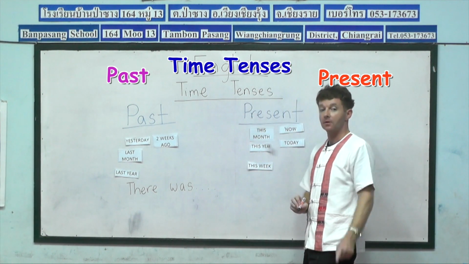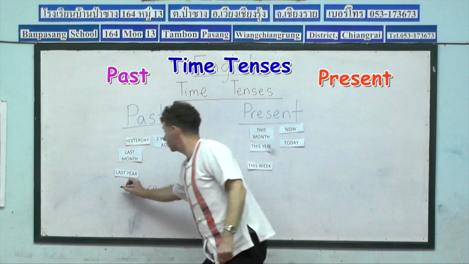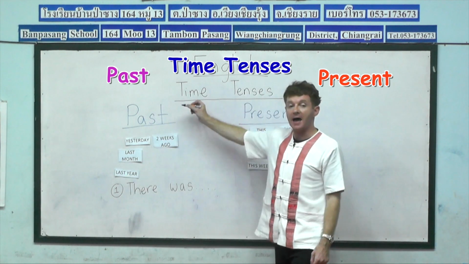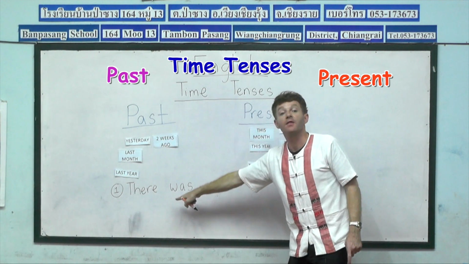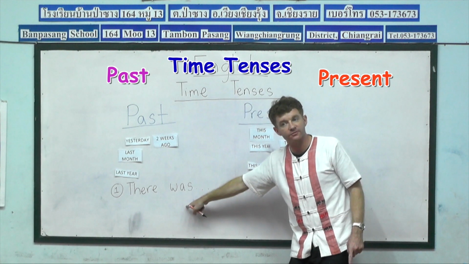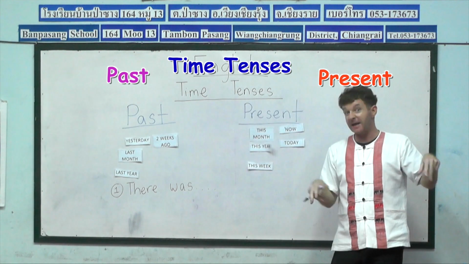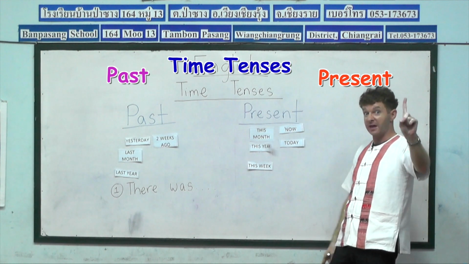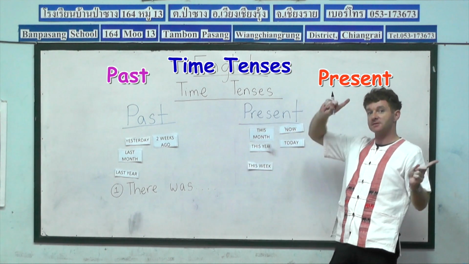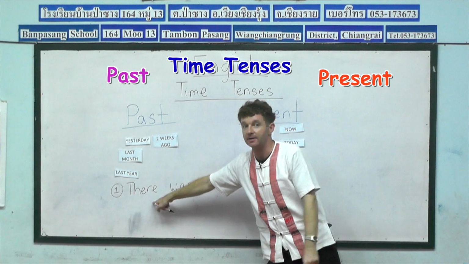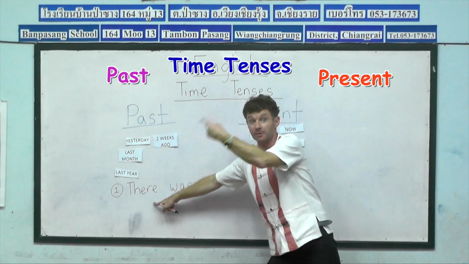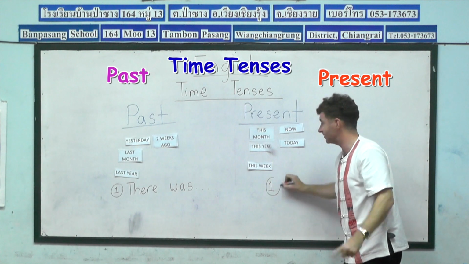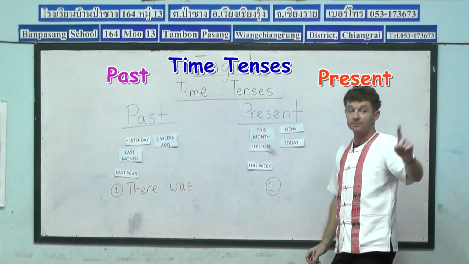I'll write one. In the past, we will say, there was. But if we step into now, the present, and we talk about one thing, we have to change tenses. So we won't say, there was. That's the past. Does anybody know what we say in the present for a singular object?